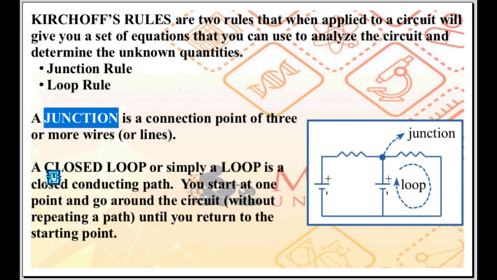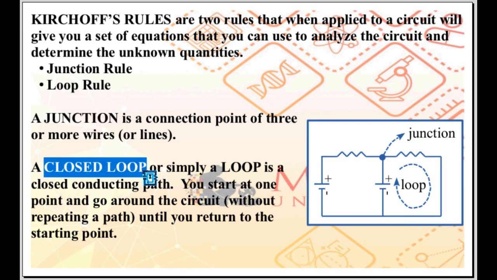A closed loop, on the other hand, or simply a loop, is a closed conducting path. You start at one point in the circuit and then go around the circuit until you return to the starting point.